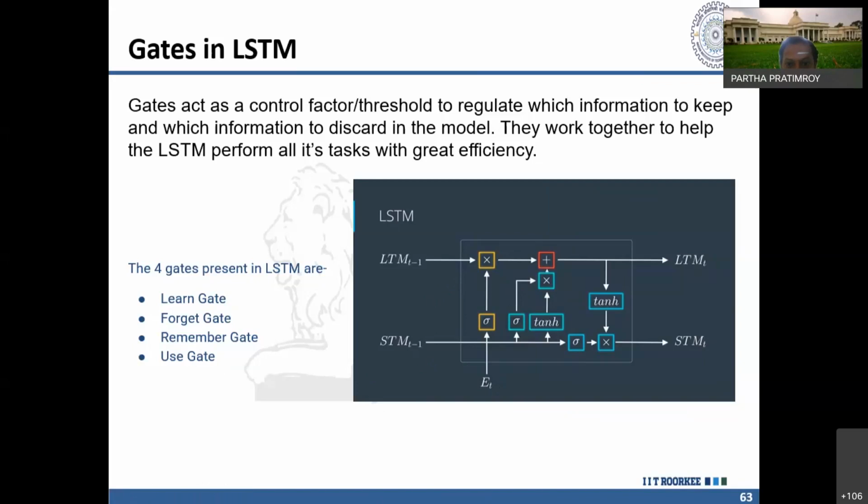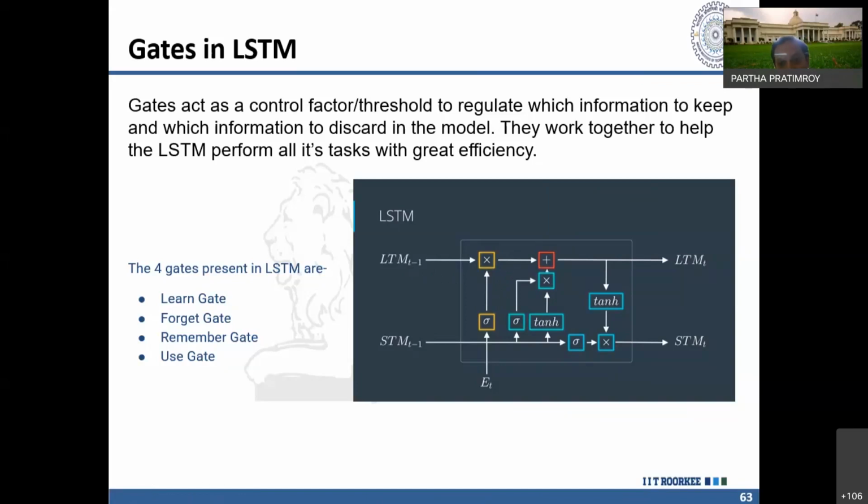What it does, you have this sigmoid, which is combined, and it is actually a multiplication. Then you use this information with the previous information.